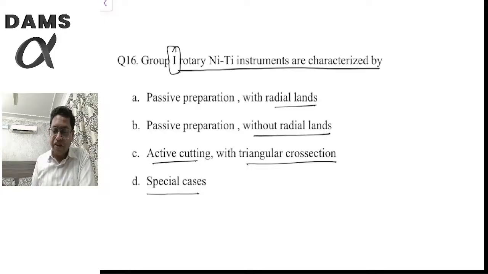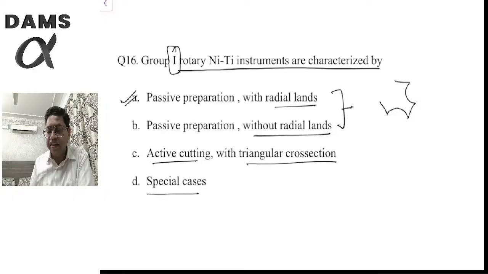See, option A and B can be the answer, but option A is the answer. They are the passive instruments with radial lands. They have instruments with cross section like this. Sometimes they are called U-shape cross section.